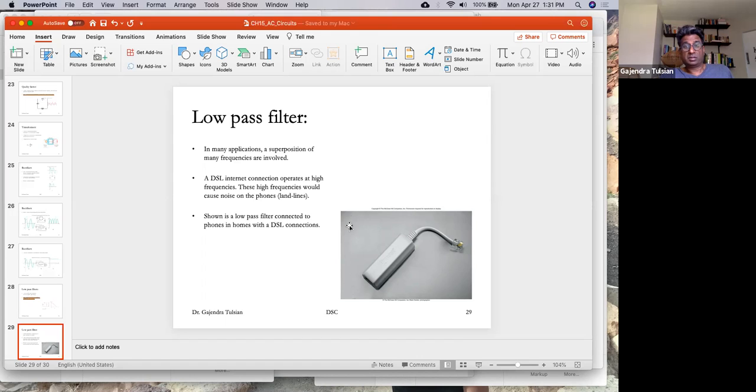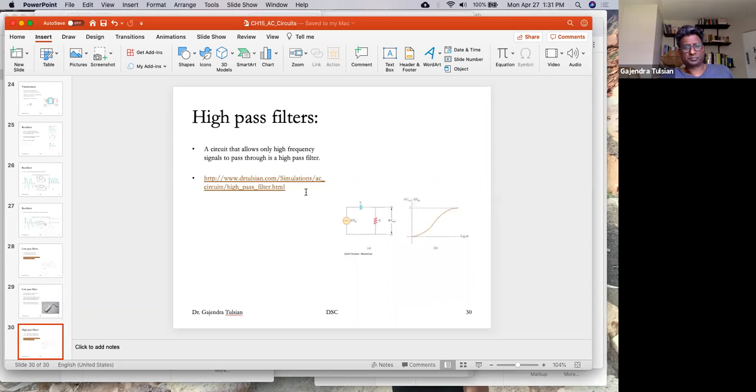So a low pass filter separates the internet data from the voice data. And for a high pass filter, for high frequencies, the reactance of the capacitance is almost zero, so those high frequency signals get through and that's what you see across the load. So here's a high pass filter, which lets through only high frequency signals.